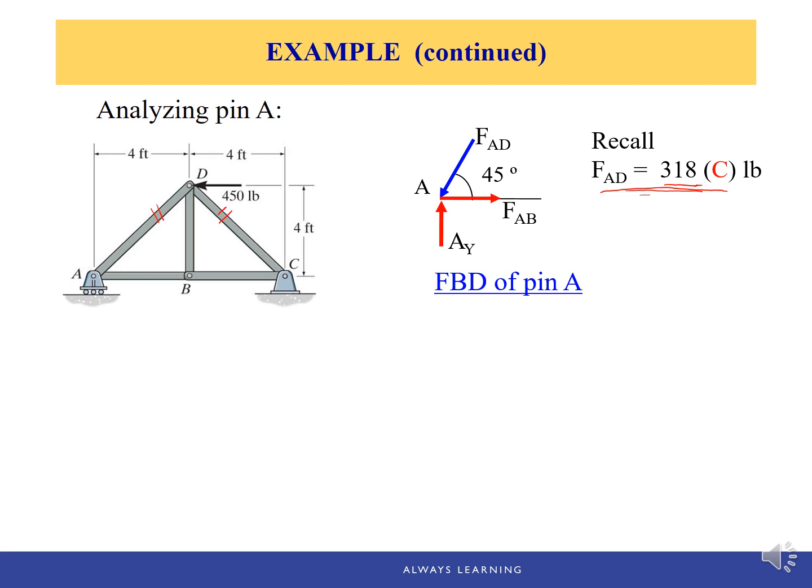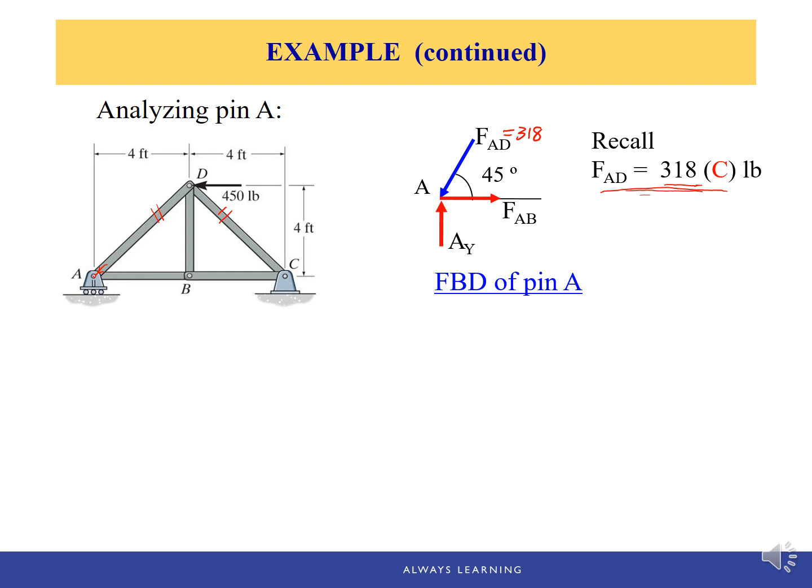So recall that if the member is in compression, then you will push into the pin on both ends. So because AD is in compression, it will push into this pin A, push towards pin A. So that's how you use the previous answer on this pin A. The magnitude is 318 and pointing to the pin A along this member AD.